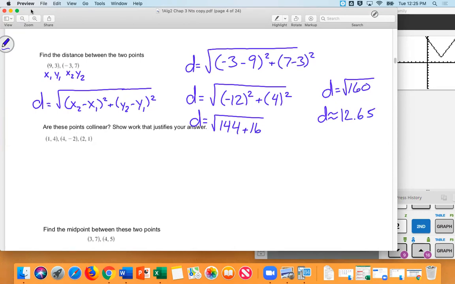Yeah. 144, 169. Those are my two perfect squares, right? 144 is 12 squared. 169 is 13 squared. So I know 160 is between 144 and 169. It's obviously closer to 169. It's a little over halfway, right? So I think like 144, 169, halfway would be like what, 57-ish, right?